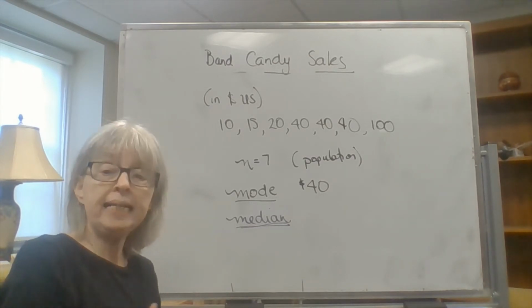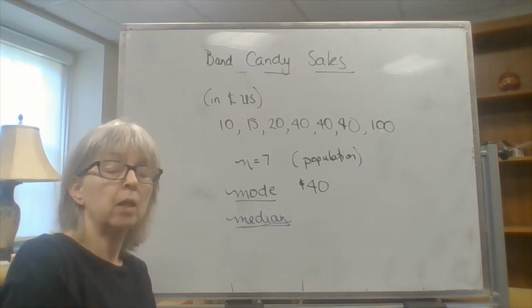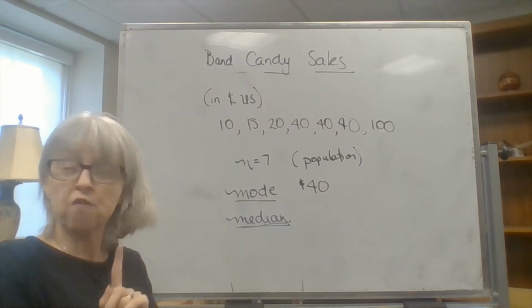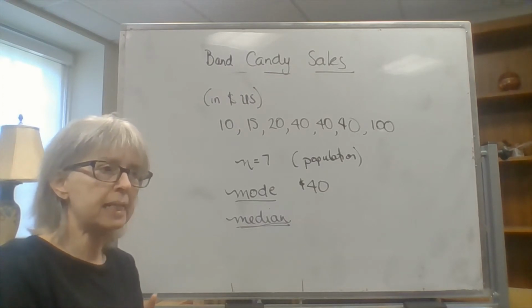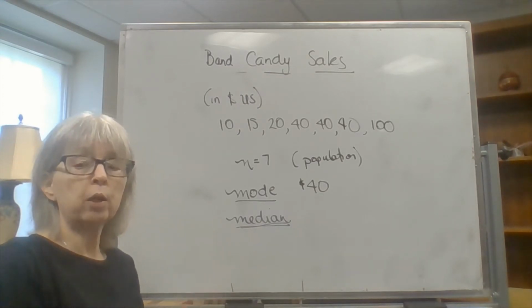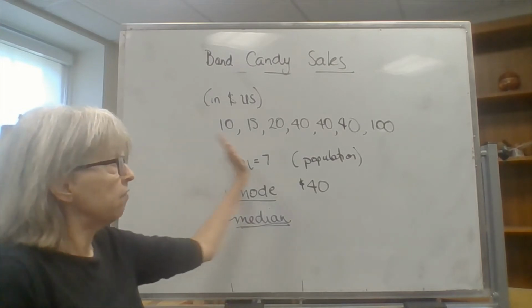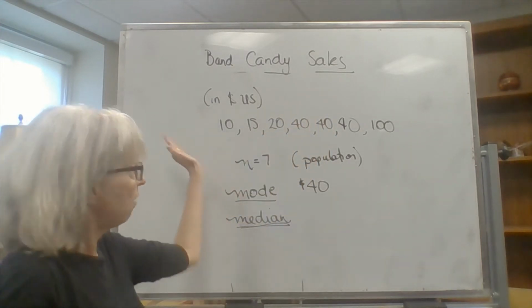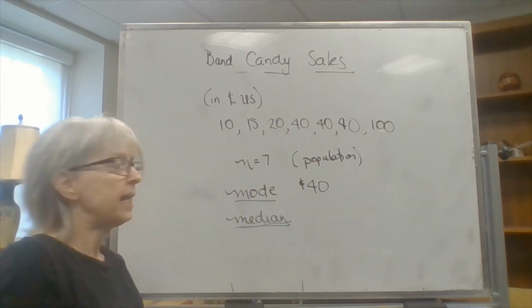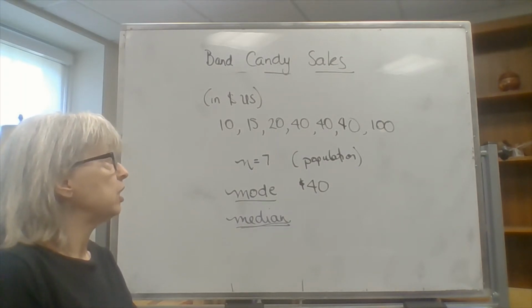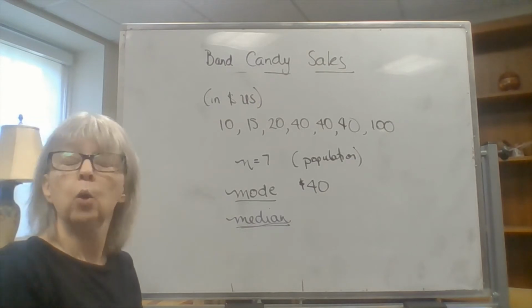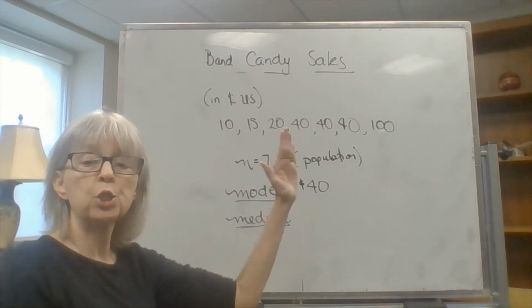Now, when you're finding a median, the most important thing to do first is to make sure that your data values are listed in numerical order. And fortunately for you, I've listed my data values in numerical order. 10, 15, 20, 40, 40, 40, 100. Smallest to largest.